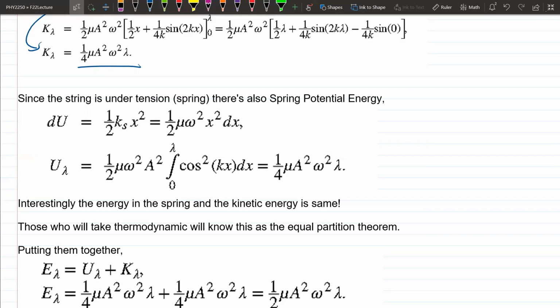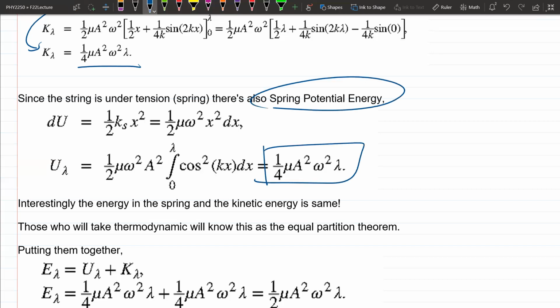The spring constant k can be converted, with a little bit of algebra, to omega squared times mu, the mass density. We won't go through all the algebra steps, but the main point is that the spring potential energy also gives you a factor of 1/4 mu times A squared omega squared times the wavelength. They're exactly the same.